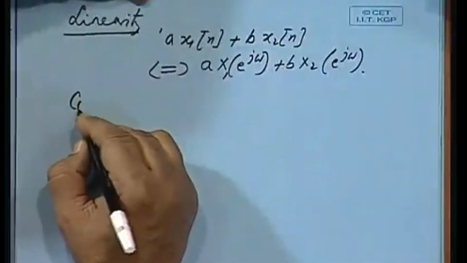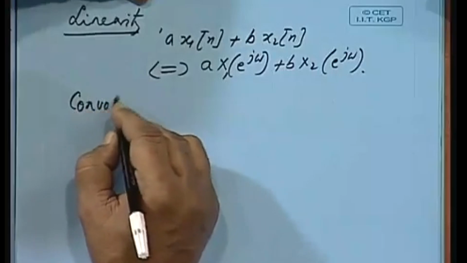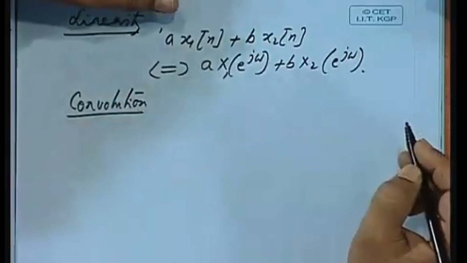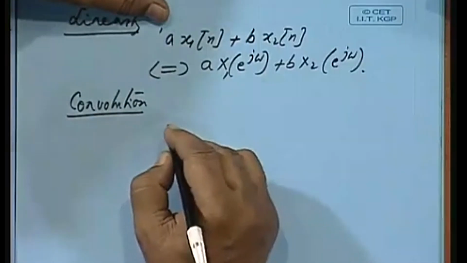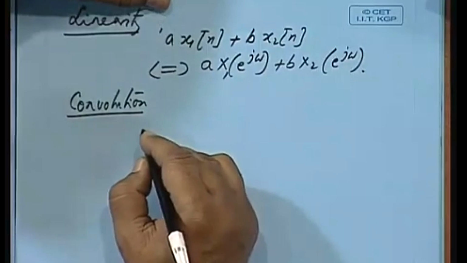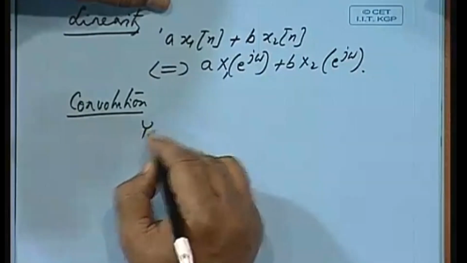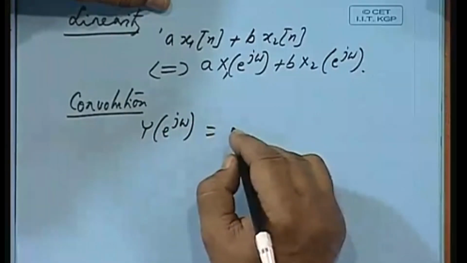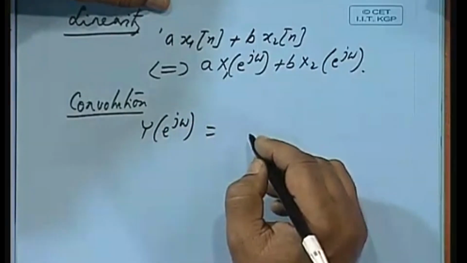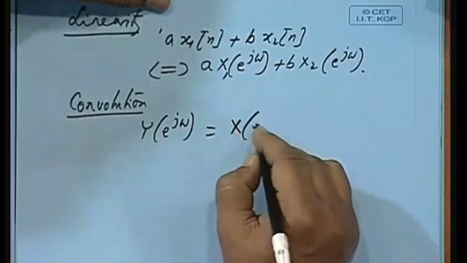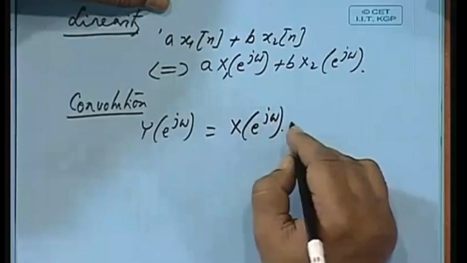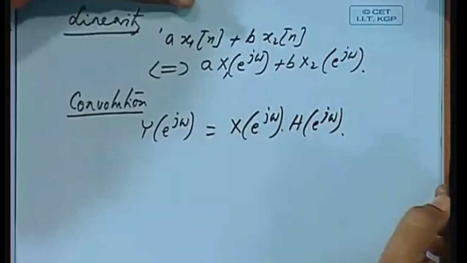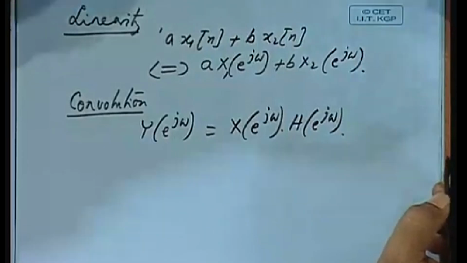Now, for convolution, suppose you have output y is convolved with x and h. So, it will be in the frequency domain x e to the power j omega, h e to the power j omega.